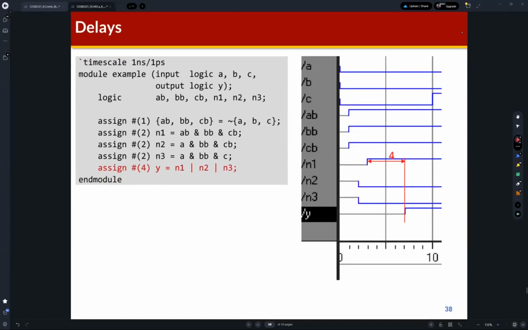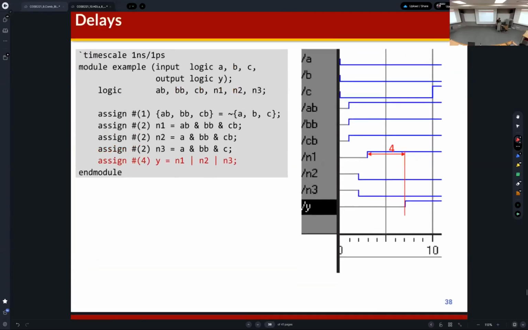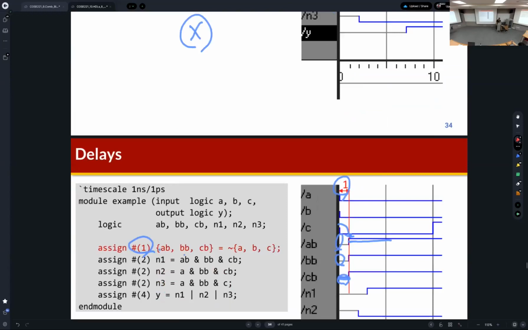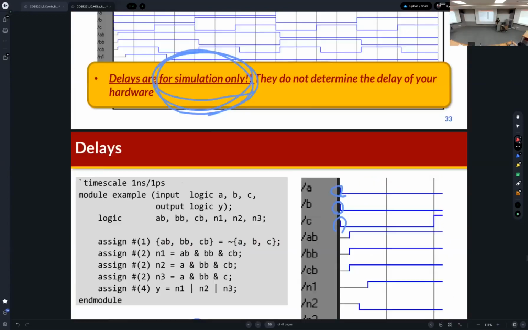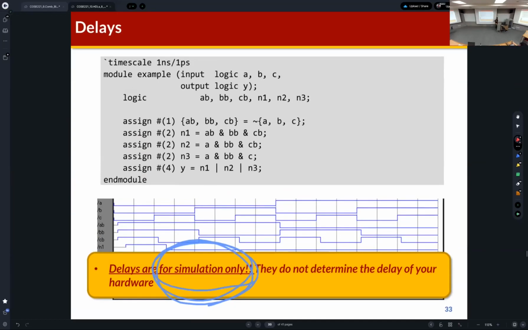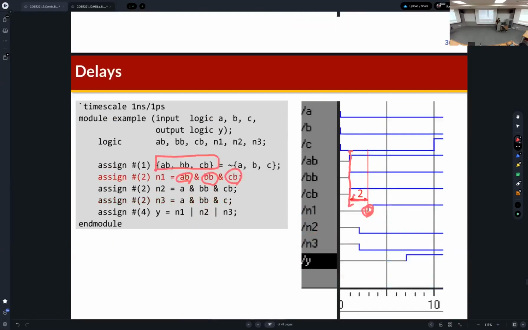Okay, so you can calculate N4 like this. So this is the delay, how to represent delay in SystemVerilog. Using the sharp and number, we can represent delays in our SystemVerilog design. But delays are just for simulation only, okay? Just for simulation only.